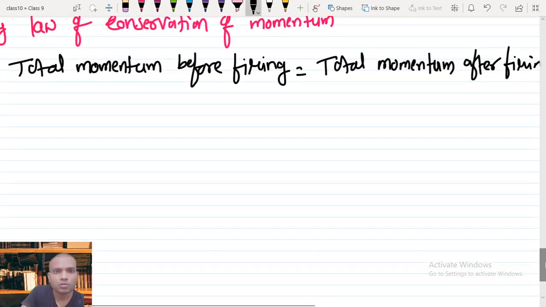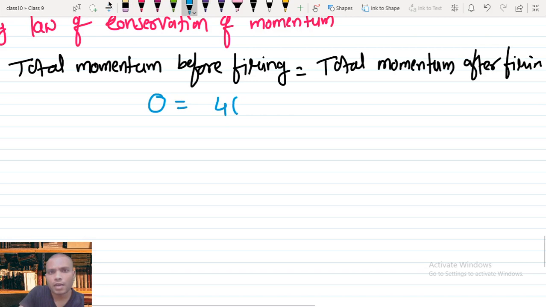So I can substitute: total momentum before firing equal to 0, which equals what's the value for the total momentum after firing? Is equal to 4 times v plus 0.05 times 35.